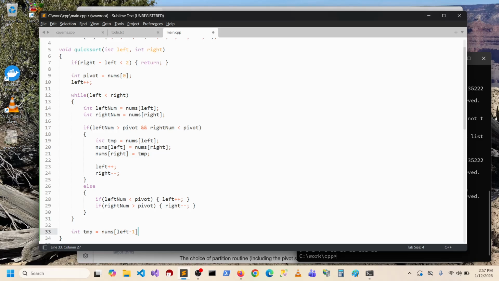Temp equals, unless it's 0. Anyway, let's go with this. Temp equals minus 1. And then left minus 1, temp.